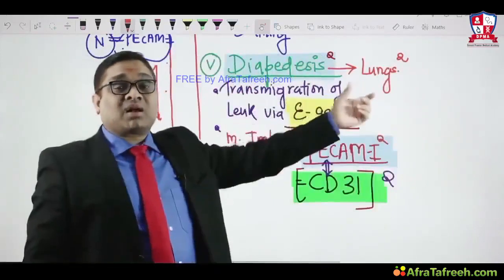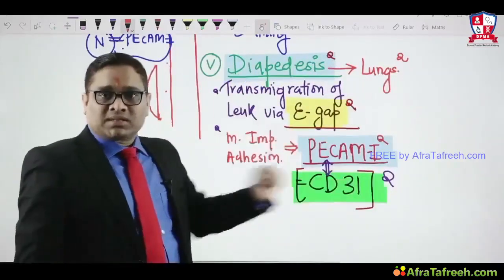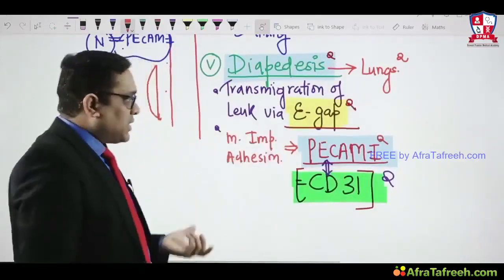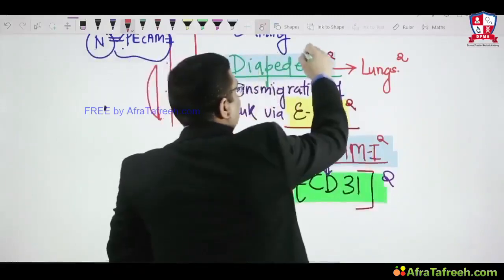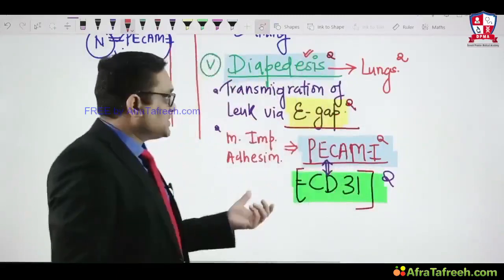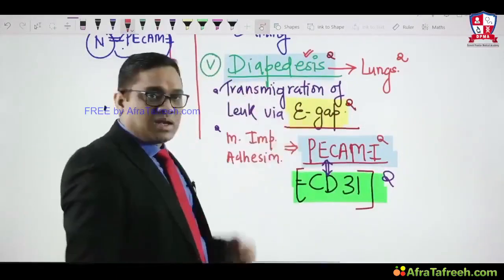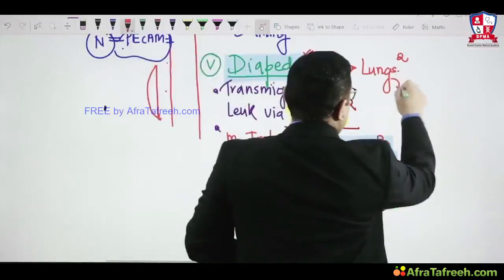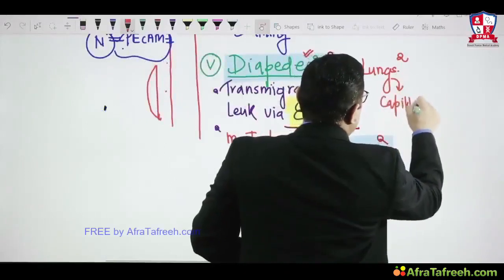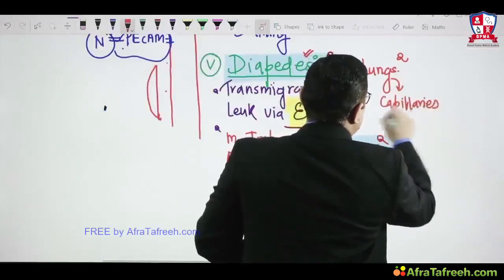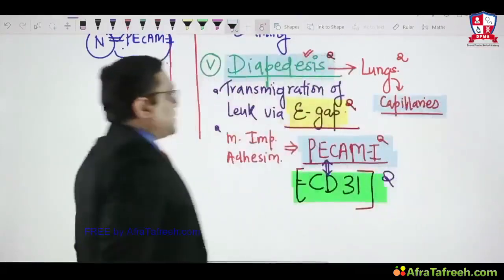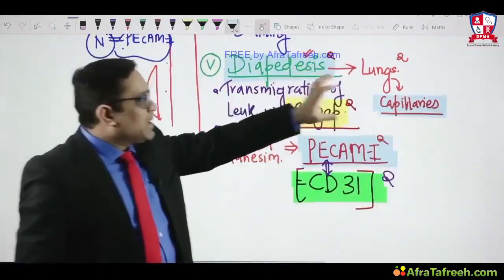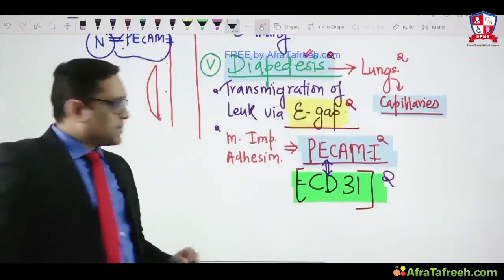Diapedesis in lungs will occur at venules or capillaries? Whatever is happening for endothelial gap, same thing will be happening for diapedesis also, because diapedesis is transmigration via endothelial gap. So in lungs, your answer will be capillaries, not venule, because this is one exception. Diapedesis in lungs will happen at the level of capillaries.